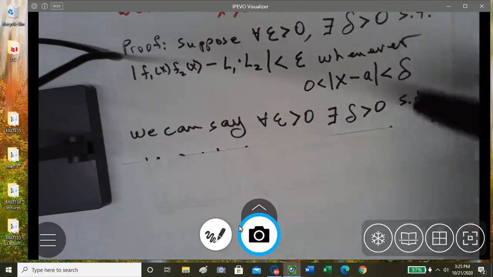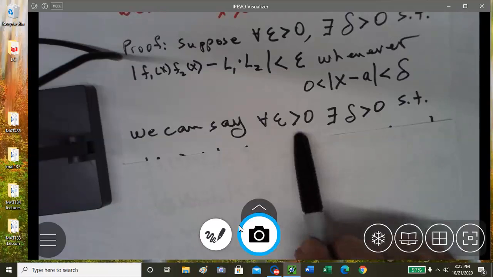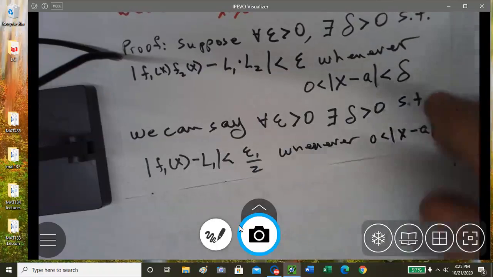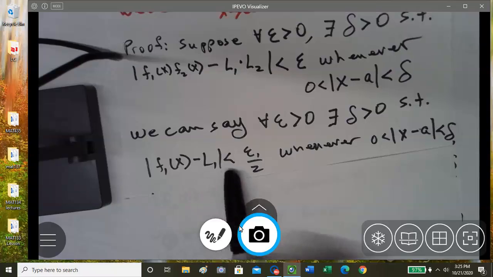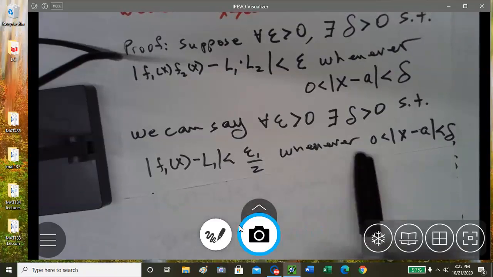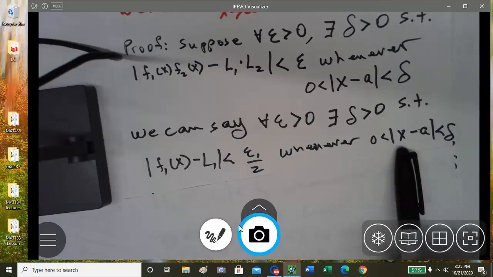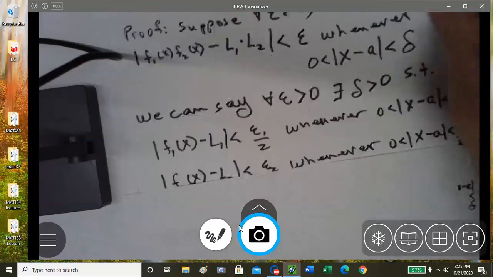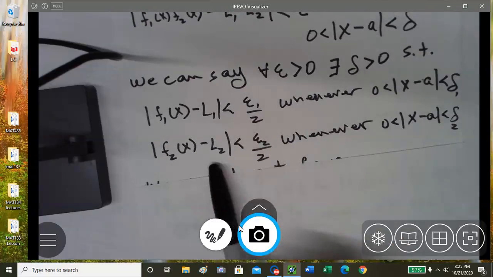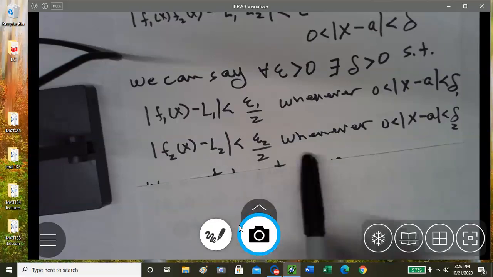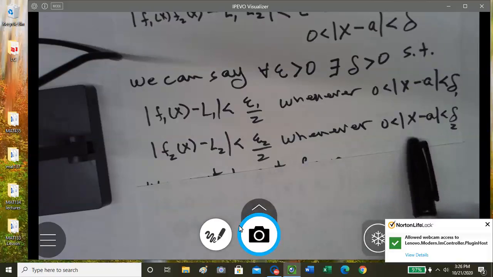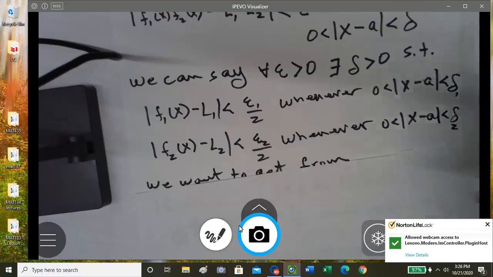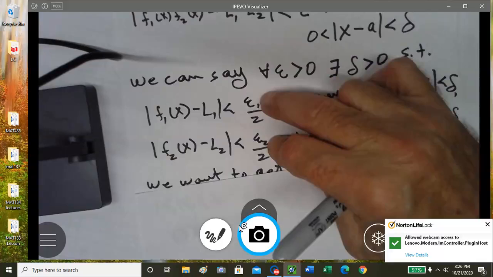So we can say that for all epsilon greater than 0, there exists a delta greater than 0, such that f1(x) minus L1 is less than epsilon over 2 whenever the absolute value of x minus a is greater than 0 but less than delta, because there are two functions instead of one.